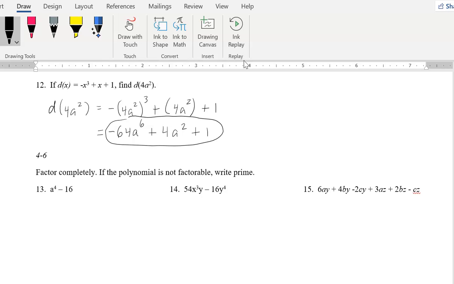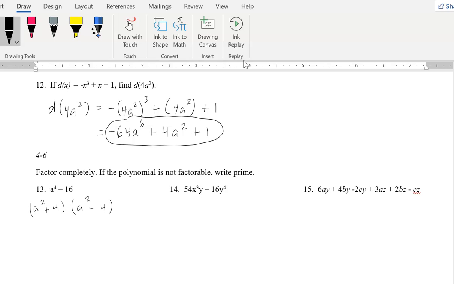Okay, 13 through 15 are all factoring problems. So this is an example of the difference between two perfect squares. Hopefully you remember how to factor those. Take the square roots, a squared and 4, and write the factors twice, making one of them plus and one of them minus.